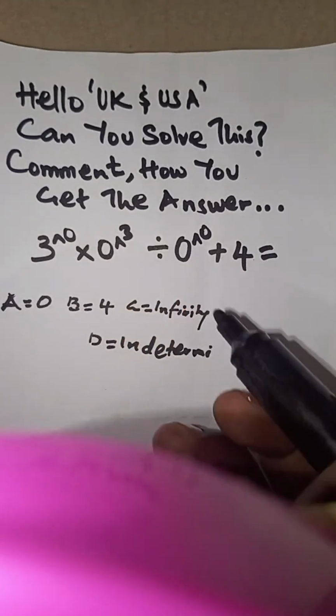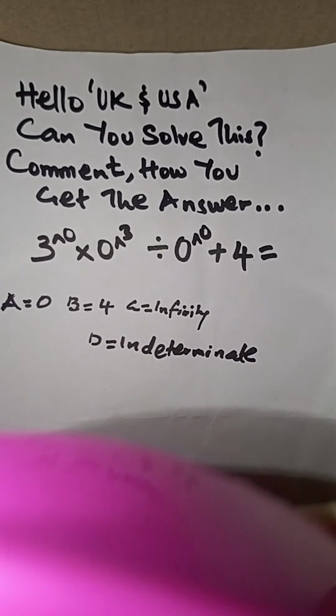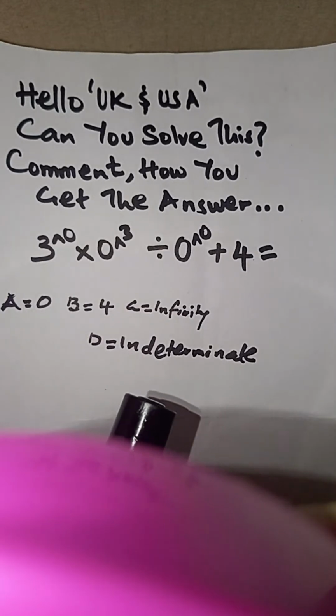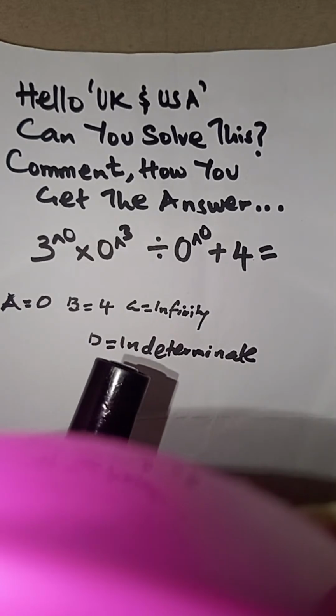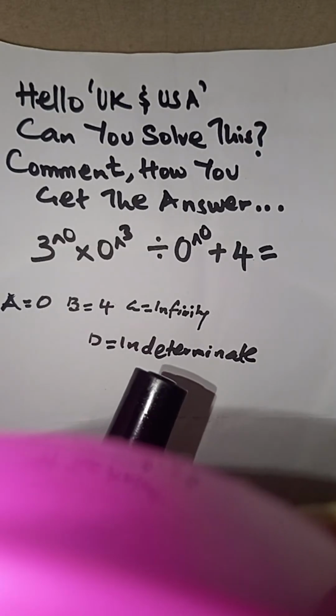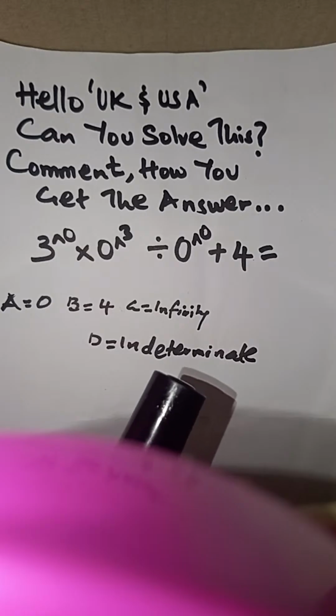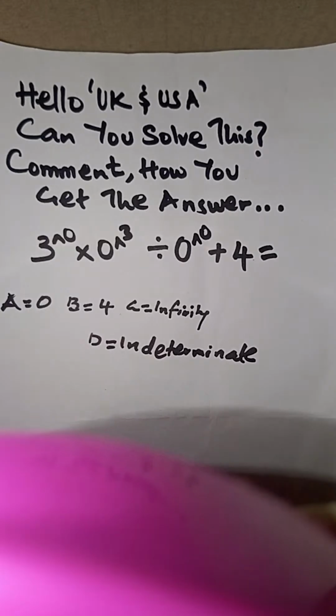So Borcuse is saying that it can be indeterminate if the divide by 0 wasn't to the power 0.